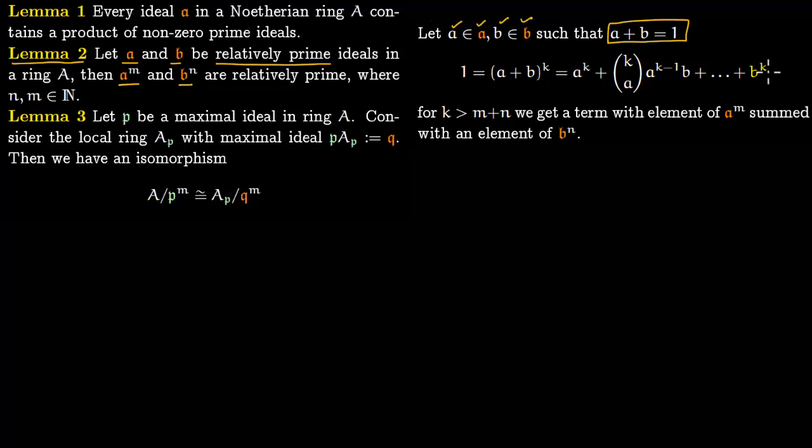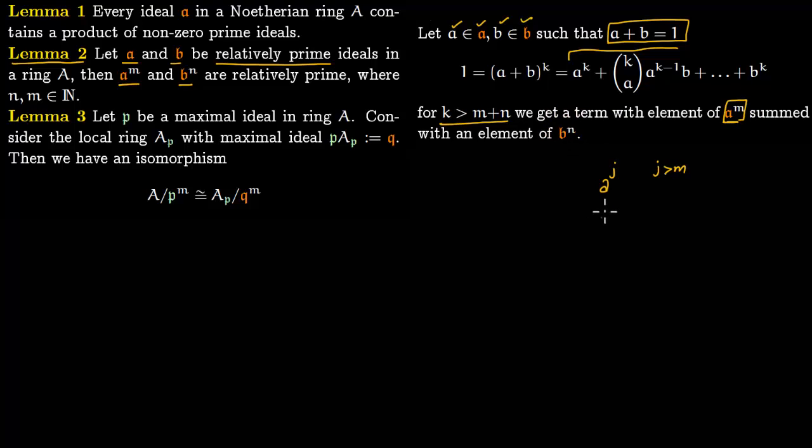Now we write the binomial theorem. (a plus b)^k is equal to 1, and we expand it. If you set k greater than m plus n, then you will get a bunch of terms with a in them, where the power of a, say j, would be greater than m. Those terms lie in 𝔄^m.